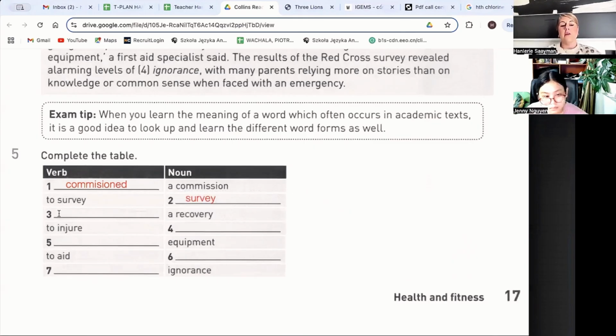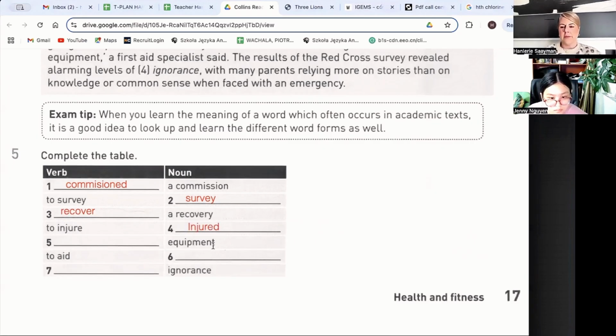A recovery. What can we do with recovery? What does it mean as a verb? Recover. Yes, recover. Well done. To injure. Injured, yes.